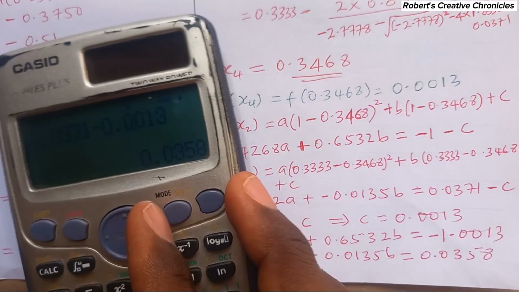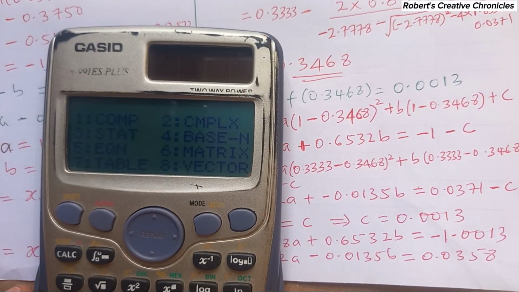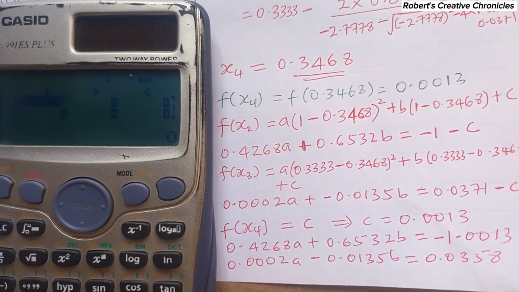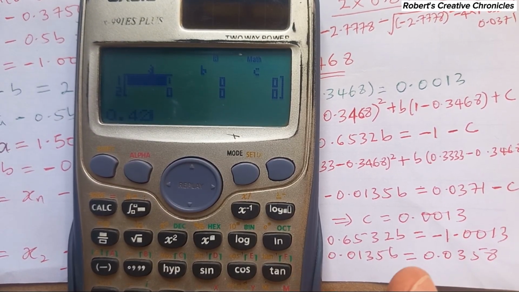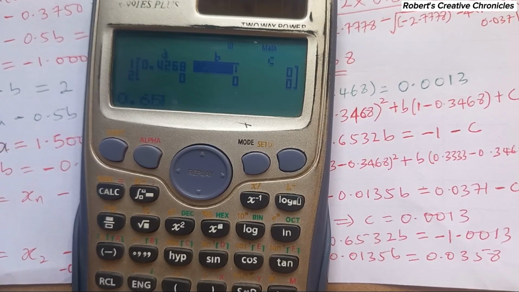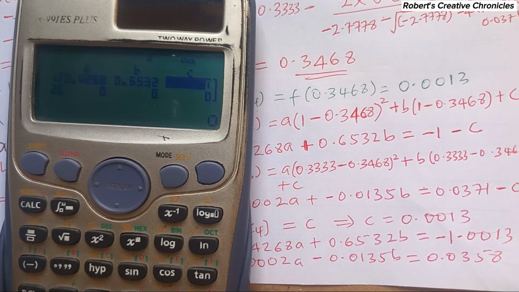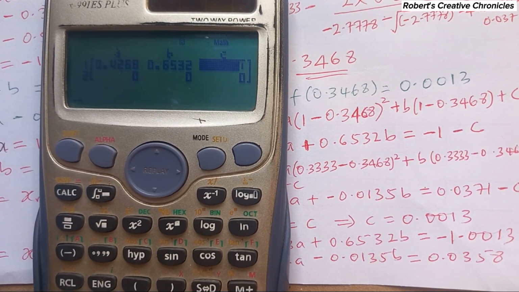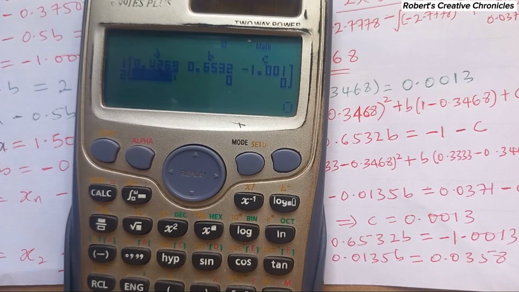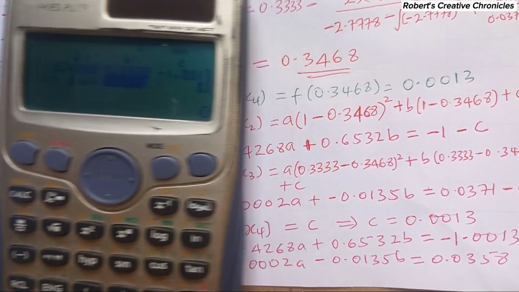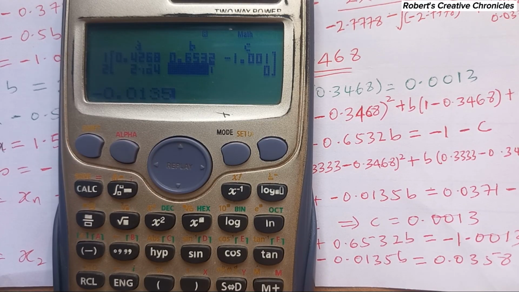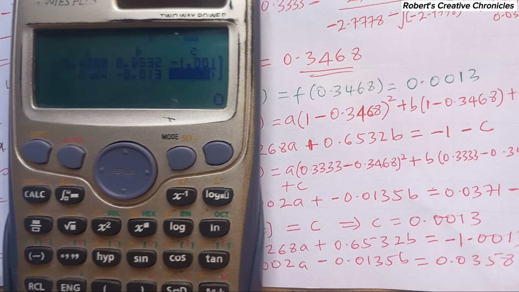So now we can put this in a calculator. It's going to be what? 0.4268, 0.6532, then negative 1.0013, then 0.0002, then negative 0.0135, and 0.0358.